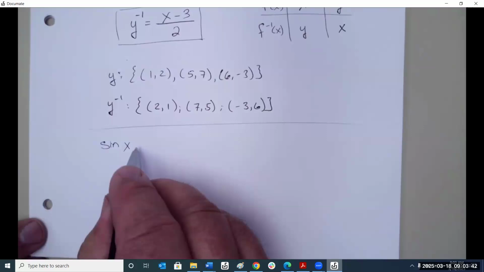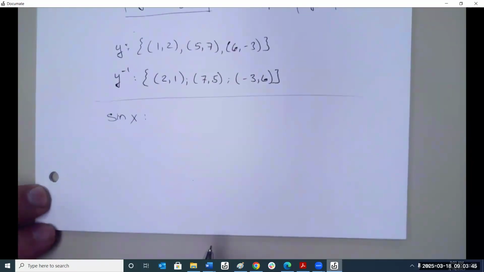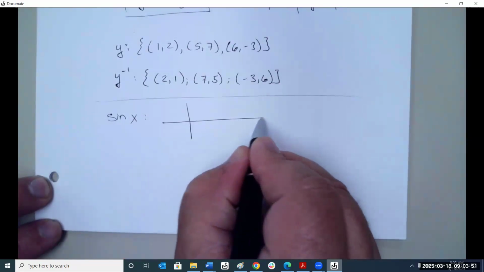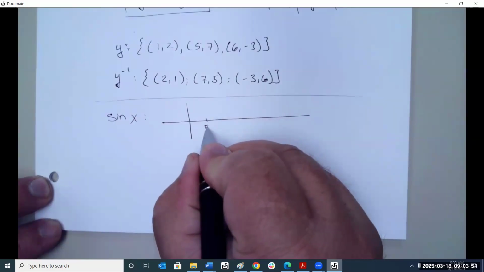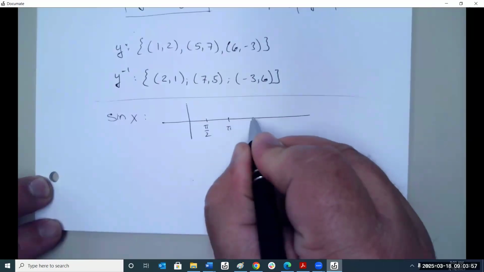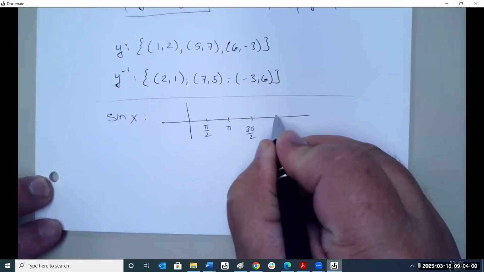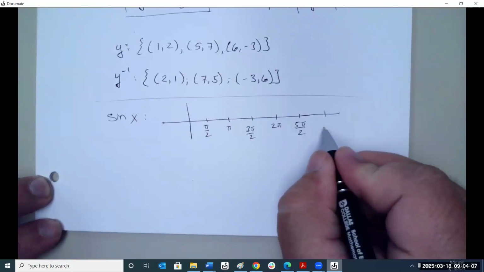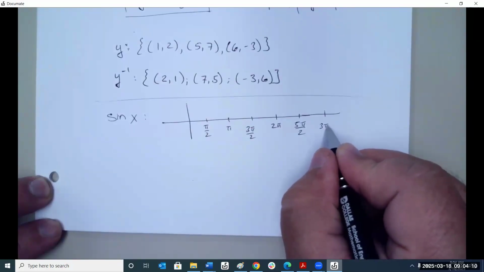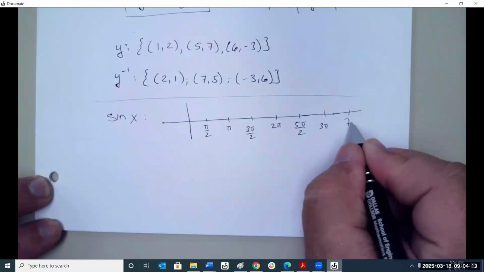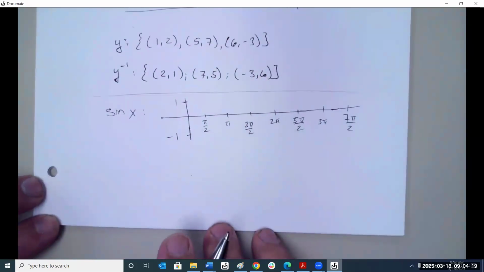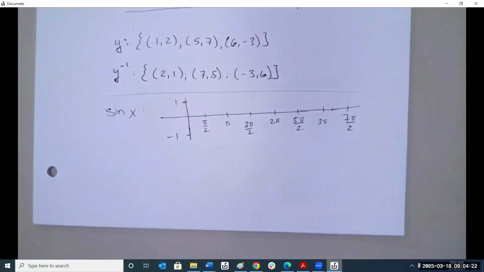For example, the graph of sine x. The sine function is bounded by 1 and -1. So at 0, what is sine?